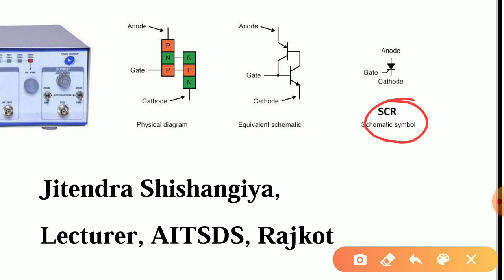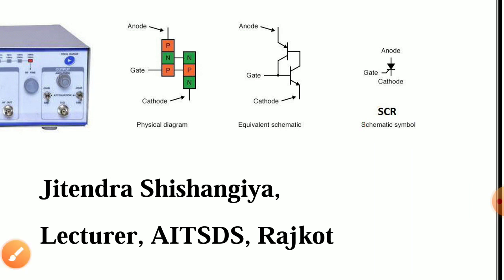The name is well known because in chapter number 1 we have already discussed the different semiconductor device symbols. In that, the symbol of SCR is drawn and we have studied symbols. But in this chapter we are going to discuss in detail the construction and working of SCR.